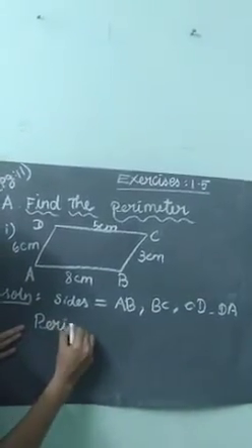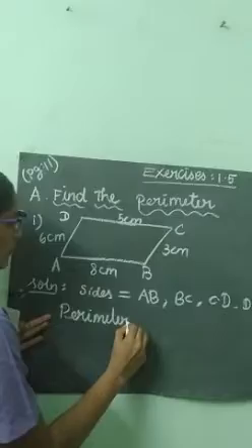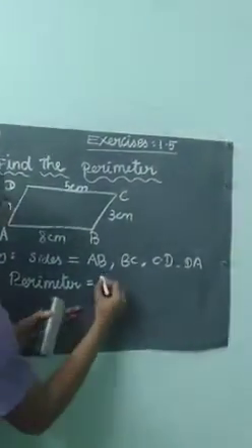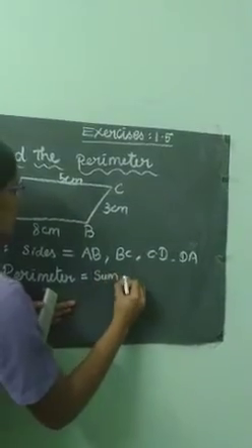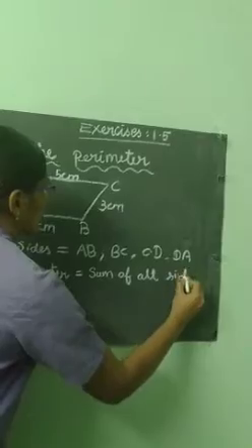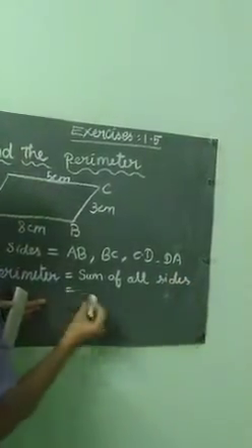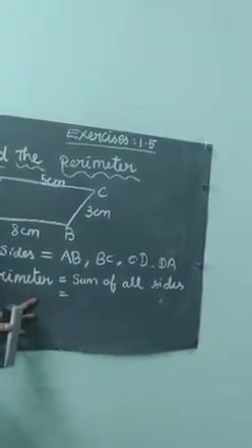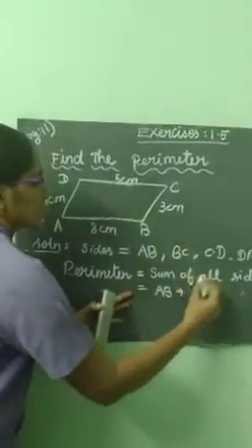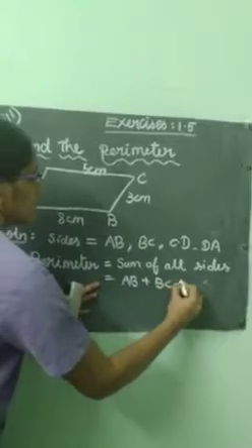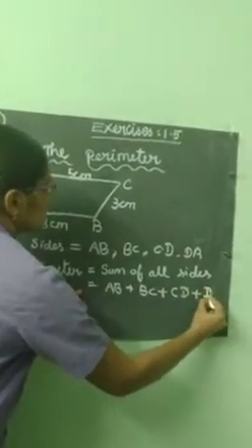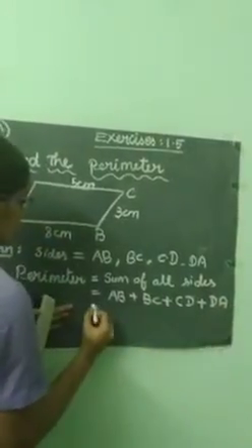So write perimeter. Perimeter equal to sum of all sides. Equal to, write this. Then after AB plus BC plus CD plus DA.